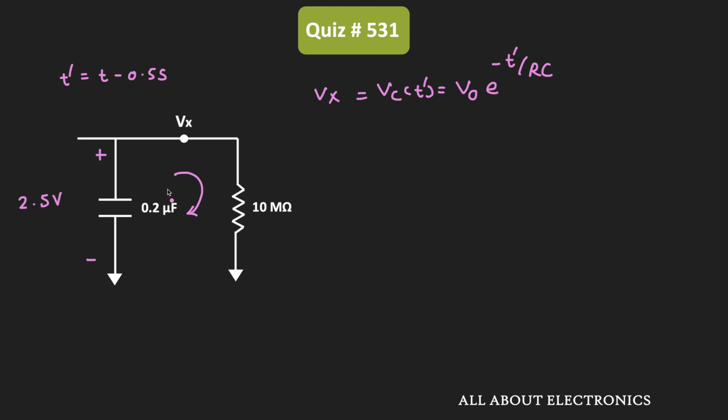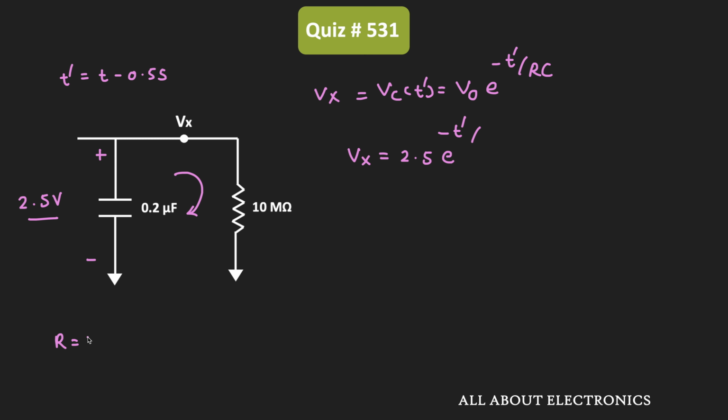That means now our reference will be 0.5 second, and the value of V0 is 2.5 volt. So Vx is equal to 2.5 times e to the power minus t dash divided by RC.